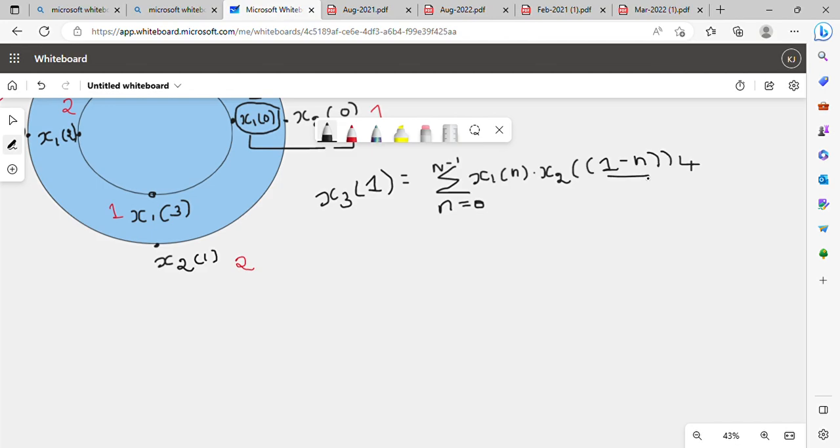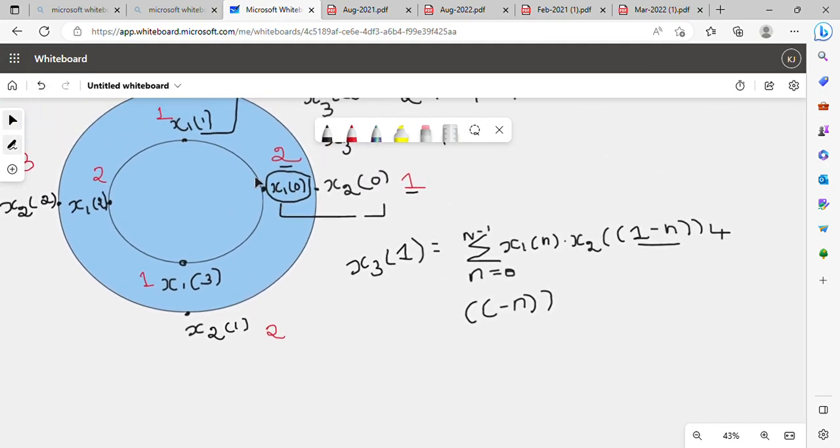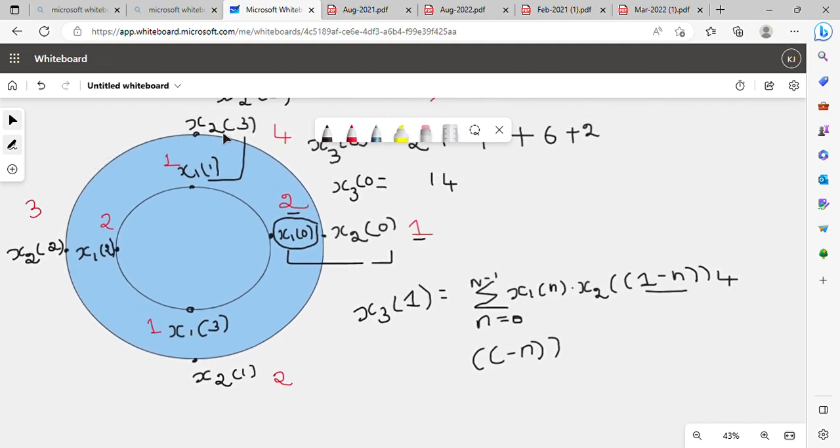So for 1 minus n modulo 4, you are going to shift the x of minus n circle. That x of minus n circle, this circle what we got, we are going to shift it in the anti-clockwise direction, that is this upper circle. Just a minute, I'll bring it down. This upper circle we are going to shift in anti-clockwise direction.